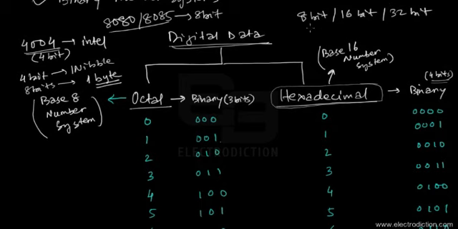You can see they are nothing but multiples of 4, 8, 16 and 32. They are multiples of 4 bits of data, and that is why the hexadecimal number system has become very important, because we can represent it using 4 bits of binary numbers.